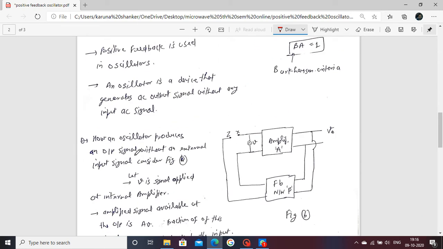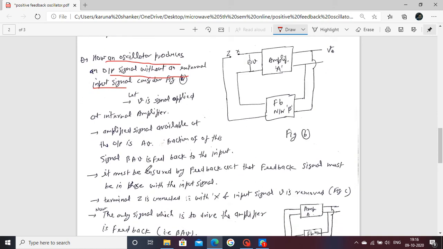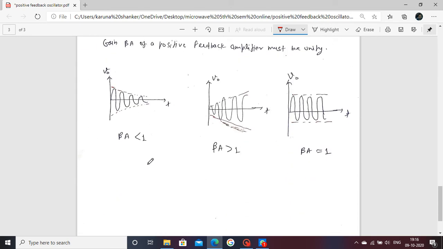That is one of the terms defined here, how an oscillator produces an output signal without an external input. Now this is explained here, with some points written.